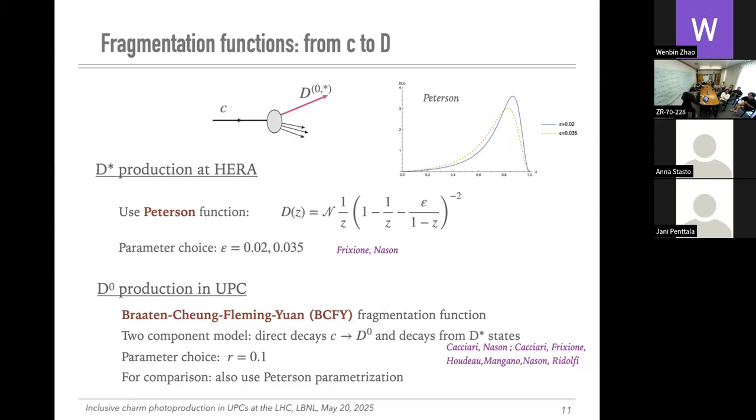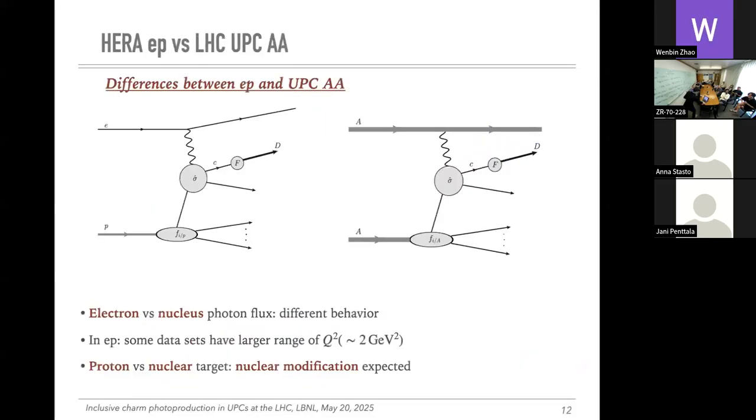It is indeed. Okay, now there are a number of differences between the EP and UPC AA. So of course there are different fluxes, and I will talk about them in a moment. Now, in some data sets in EP, they say it's photoproduction, but then in two data sets, they have Q squared like 1 or 2 GeV squared.